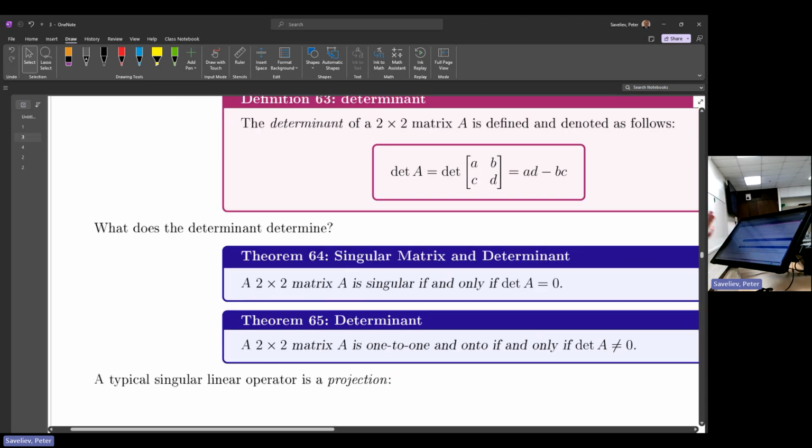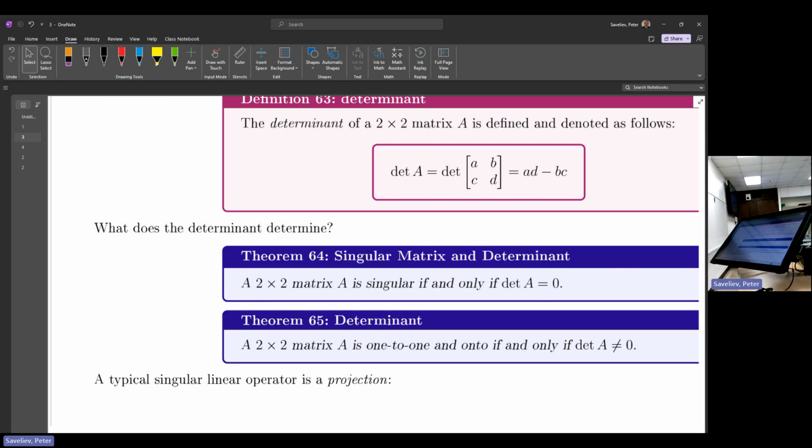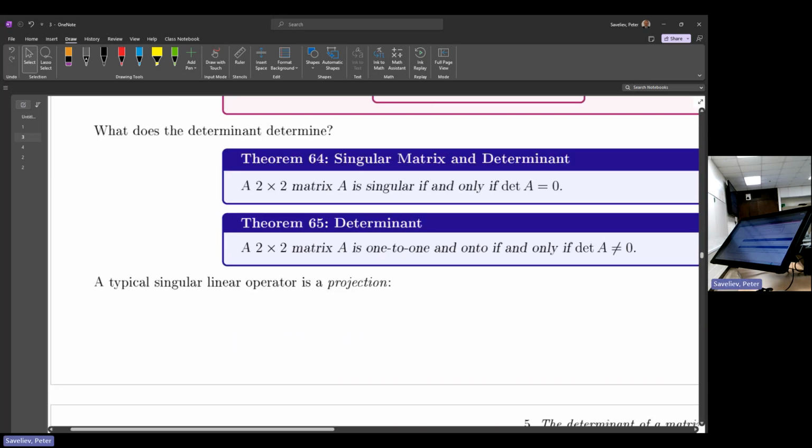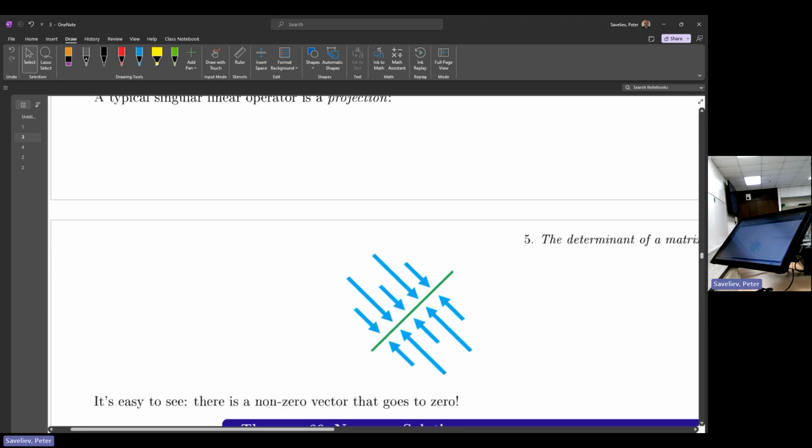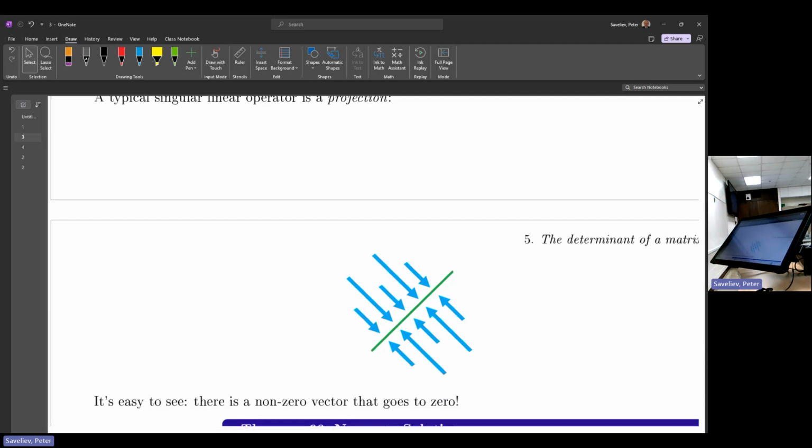There's something happening, but nothing special. We overlap with the XY plane, with possible rotations and stretches, but there are no collapses. Projection is the collapse that I'm referring to. Literally, you draw a line on the plane and collapse everything onto it.